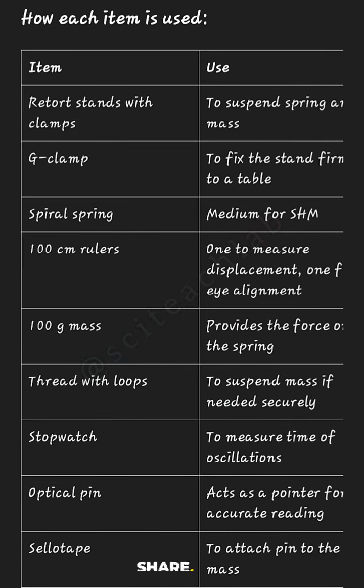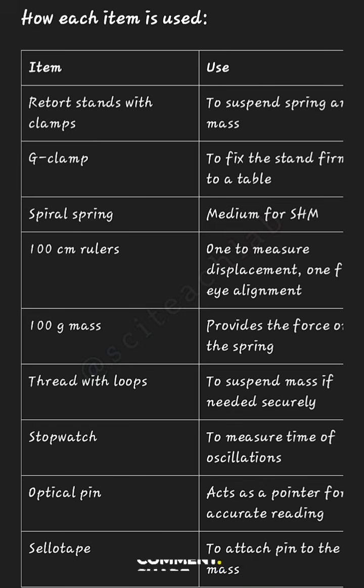So from what I've mentioned, the retort stands and clamps are to suspend the spring and the mass. The G clamp is to fix the stand firm to the table. Okay, so you see how we'll do that. And the spiral spring is the medium for simple harmonic motion. The 100 cm rulers, one of them is to measure the displacement and the other one for eye alignment.